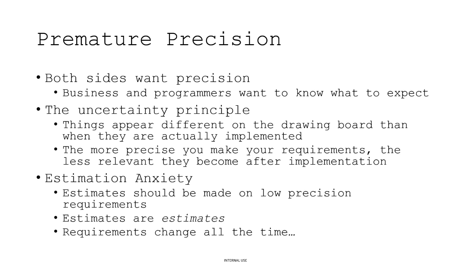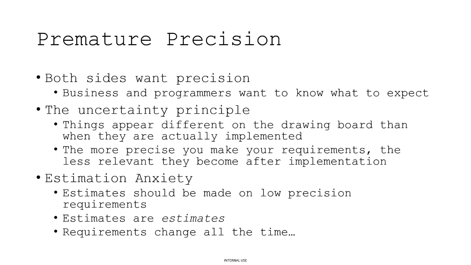And when you start to make all these predictions or precise requirements, often you get estimation anxiety. Estimates should be made on low precision requirements, the opposite of premature precision, which is what Uncle Bob is talking about here.